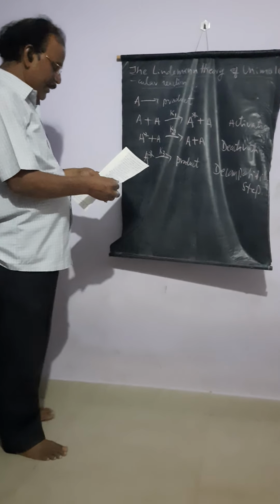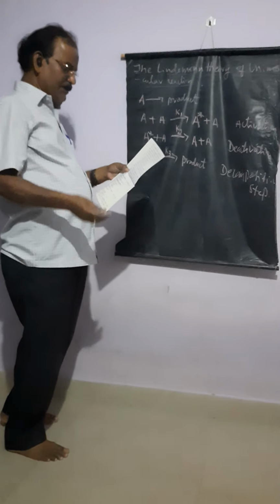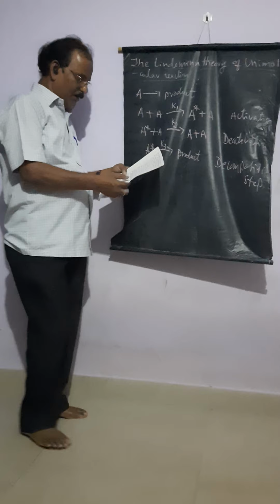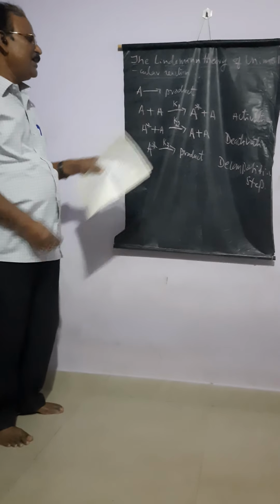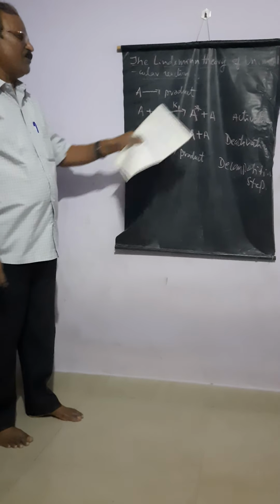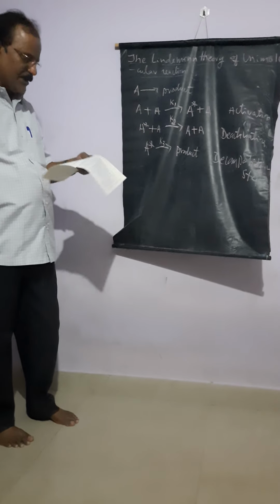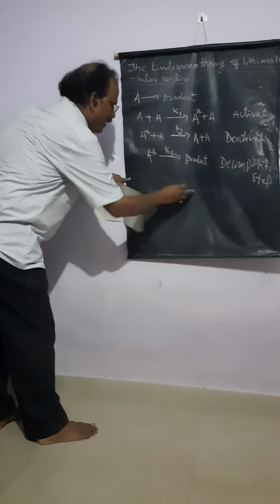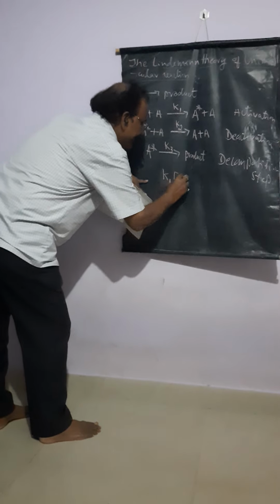Now, according to this steady state approximation, the rate of formation from equation 1, that is, the formation of the activated complex A star, is given by K1 into A square.